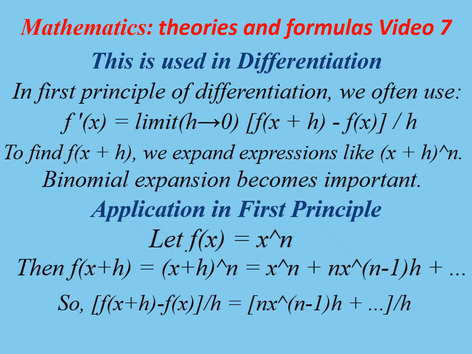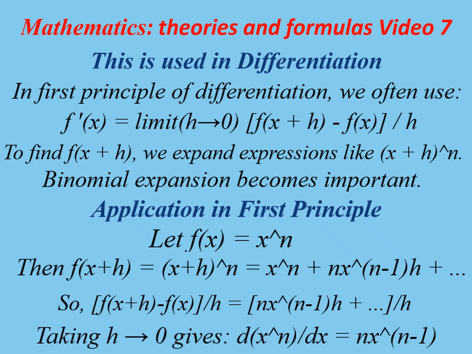So f of x plus h minus f of x, divided by h, is equal to n x to the power n minus 1, plus terms up to the last term, all divided by h. Now taking h tends to 0, it gives the differential of x to the power n over dx equals n x to the power n minus 1.